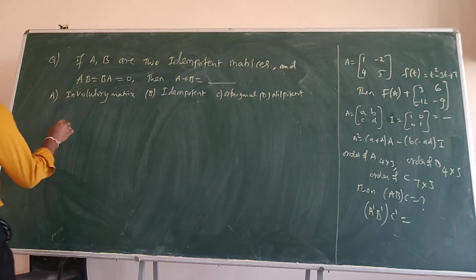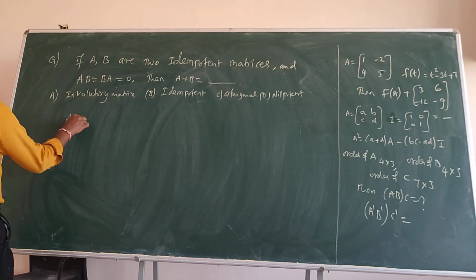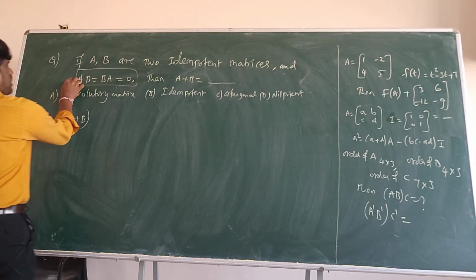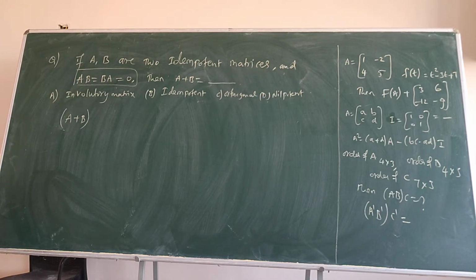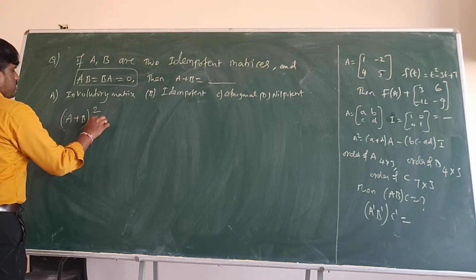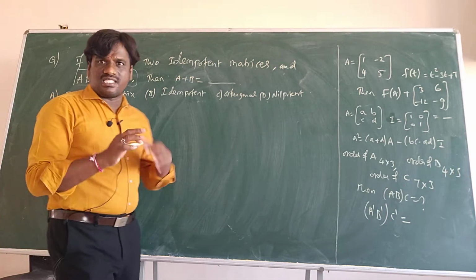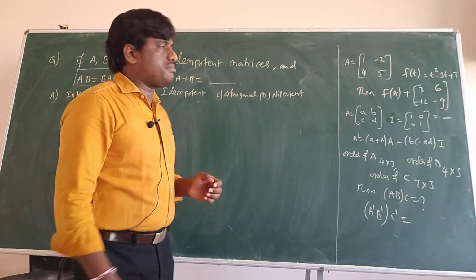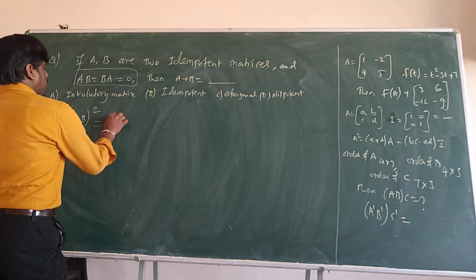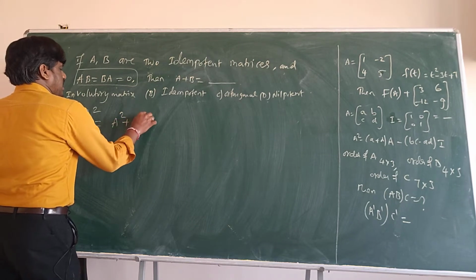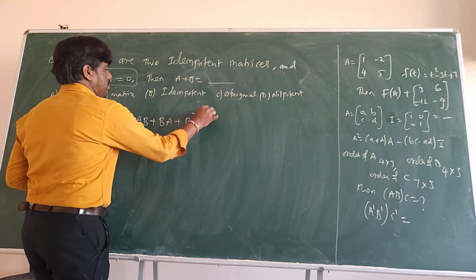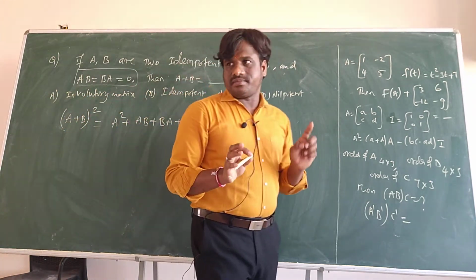Check idempotent first. So why am I checking A plus B? Because they have given AB and BA as 0. A plus B whole square is actually one matrix. What is the formula? A square plus AB plus BA plus B square. This is in matrices, not 2AB.